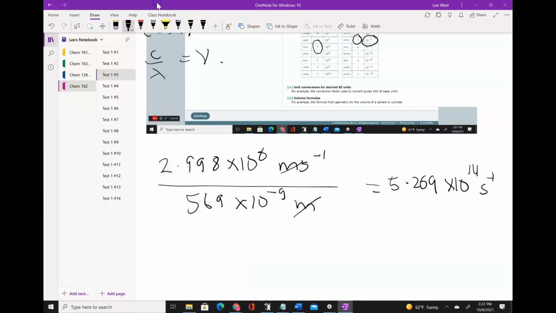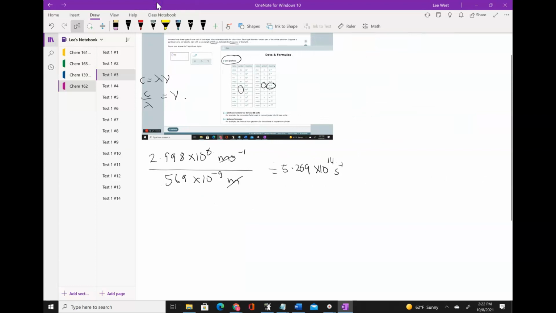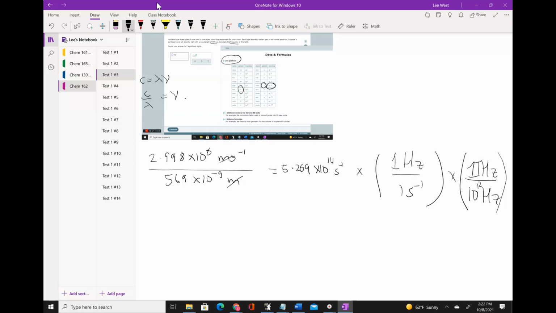What you need to keep in mind is that 1 hertz is exactly the same as 1 wave per second, but now we need to turn this into terahertz. So hertz on the bottom, terahertz on the top, and 1 terahertz is the same as 10 to the 12 hertz.